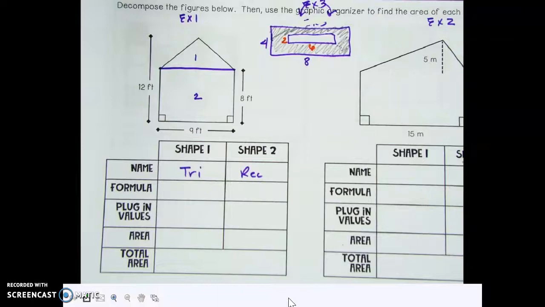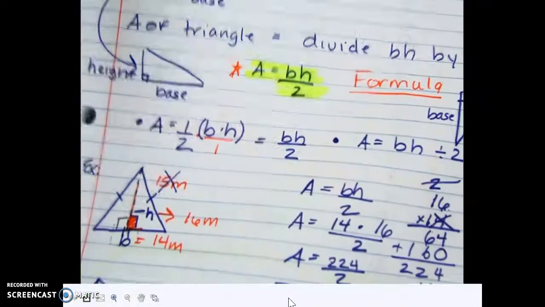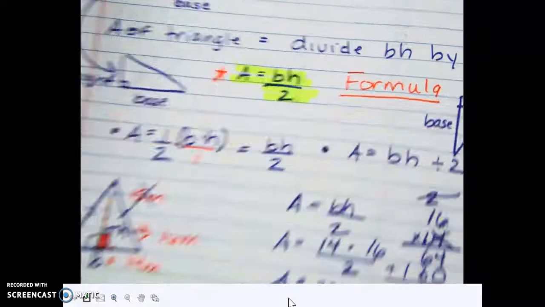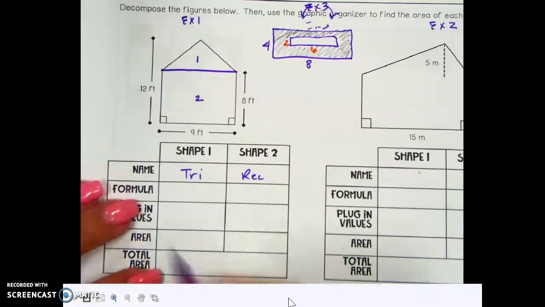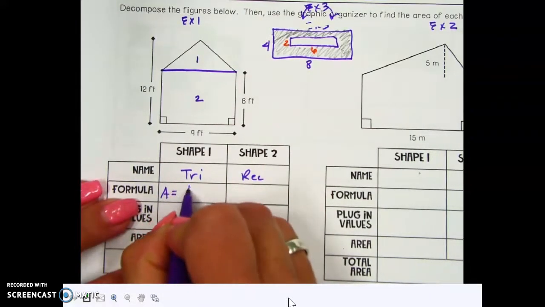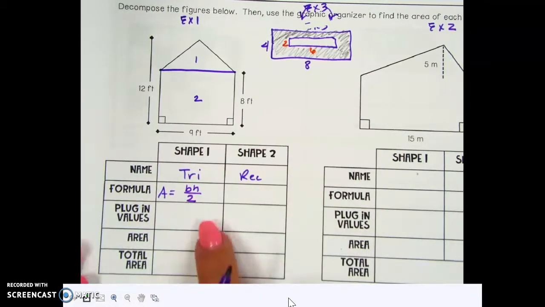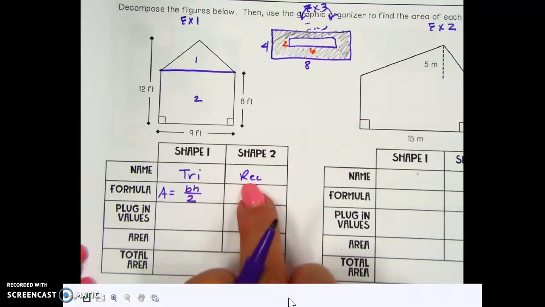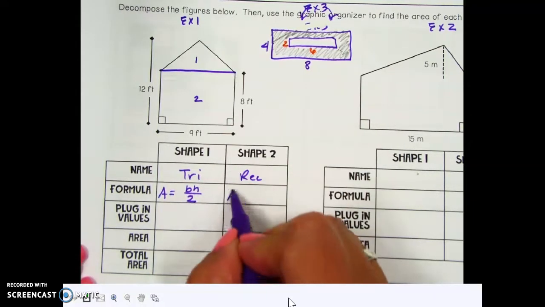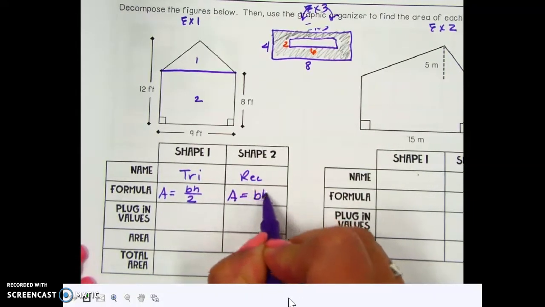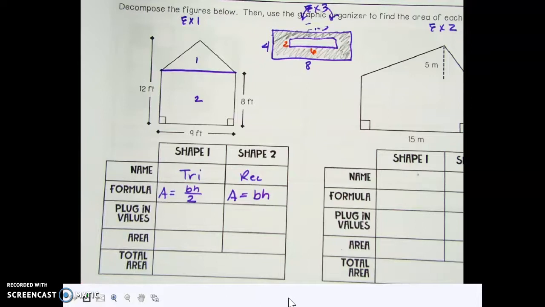I don't know where to look for that information either. Yes, you do, because your area of a triangle is right here. Boom. Area equals base times height divided by 2. What's the area of a rectangle? Well, I know 2 triangles make up a rectangle, so area of a rectangle is just base times height. I don't need to divide it by 2.